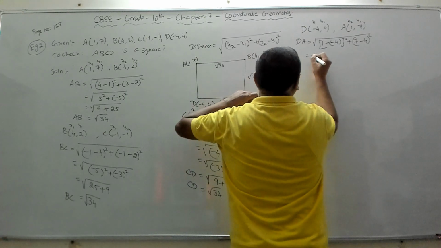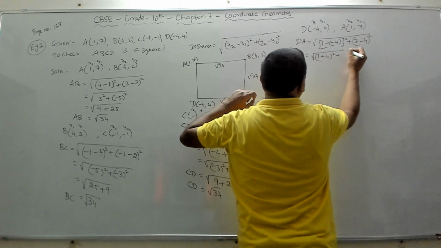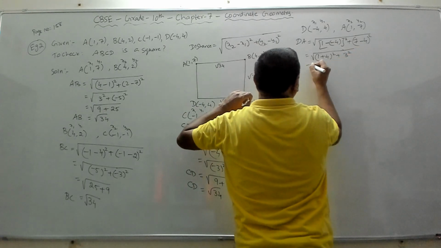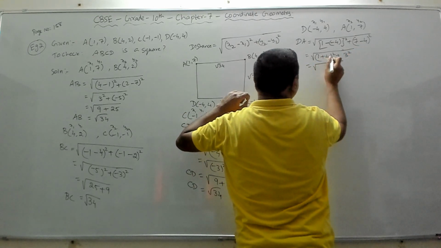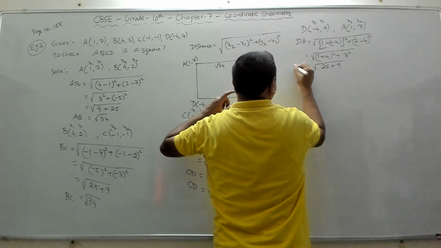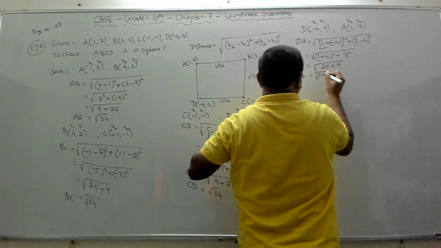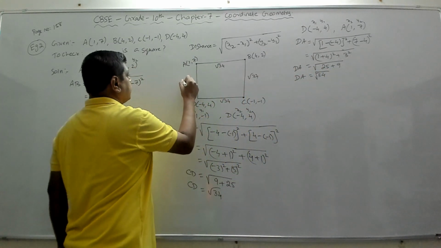So that is equal to square root of 1 plus 4 the whole square plus 7 minus 4 is 3 square. That becomes square root of 1 plus 4 is 5, 5 square is 25 plus 9. That is your DA. So your DA becomes square root of 34. So this is also 34.